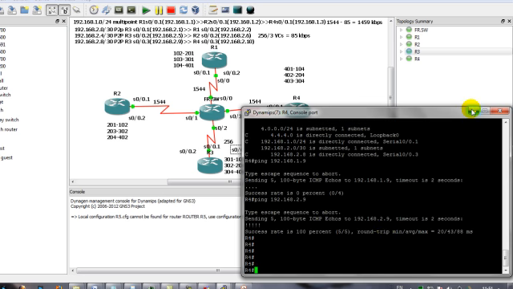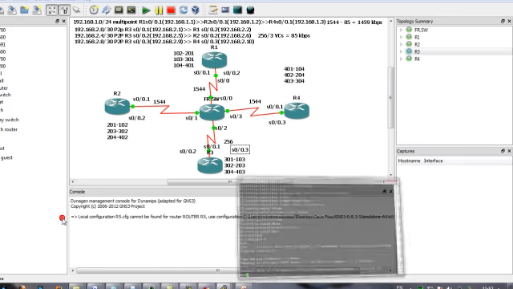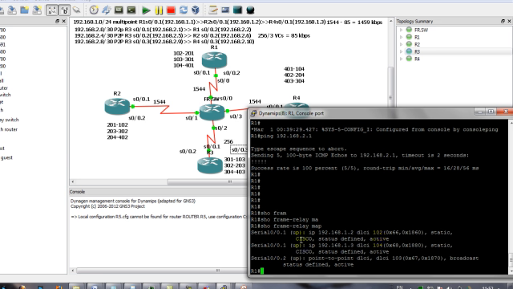Now we finished this. Go to Router 1 to verify with show frame-relay map. Look at this, I have two static frame-relay maps with non-broadcast. Be careful, we don't have broadcast here because of the configuration I did.